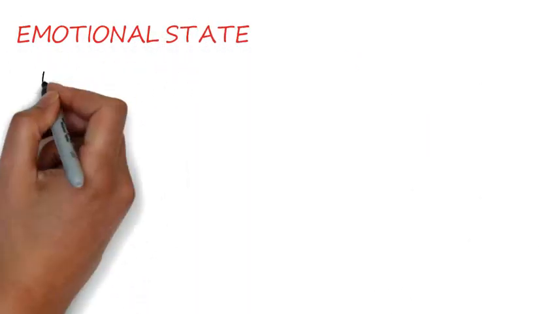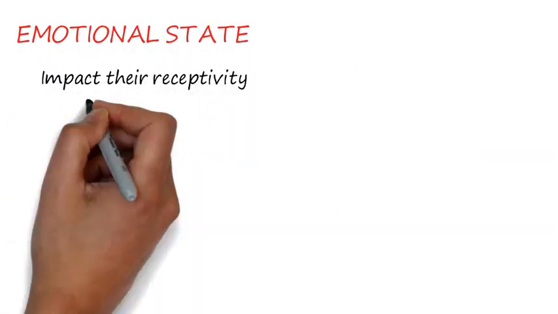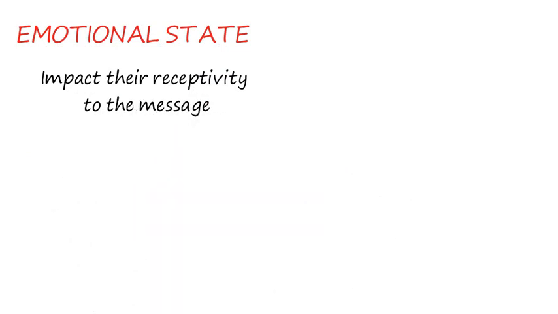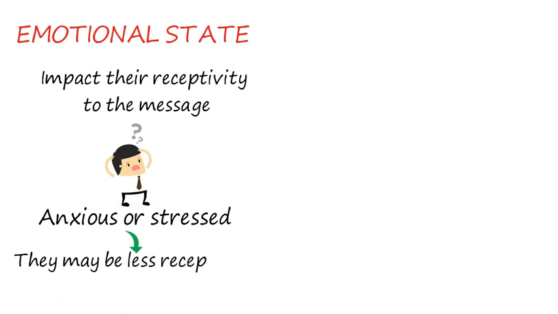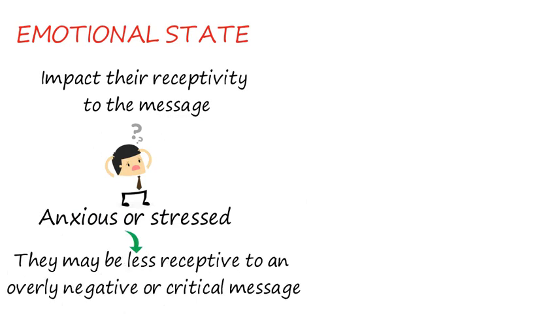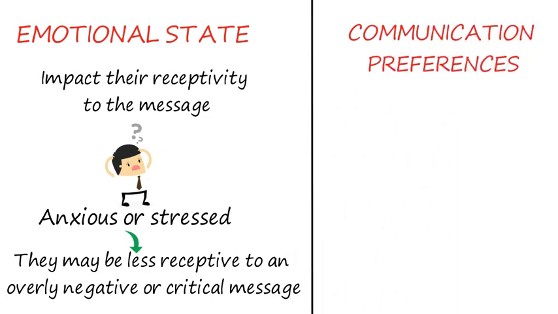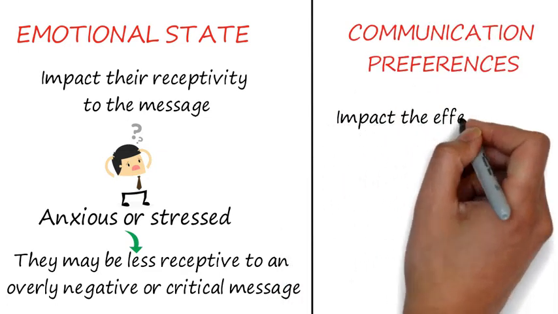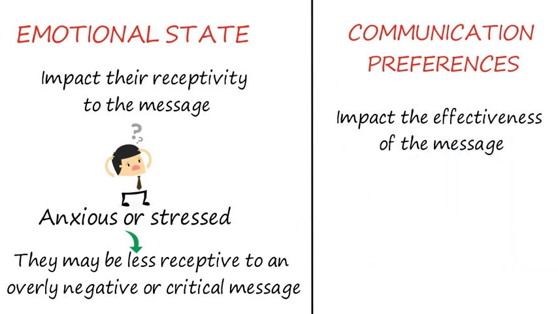Emotional state. The audience's emotional state can impact their receptivity to the message. For example, if the audience is anxious or stressed, they may be less receptive to an overly negative or critical message. Communication preferences. The audience's communication preferences can also impact the effectiveness of the message.